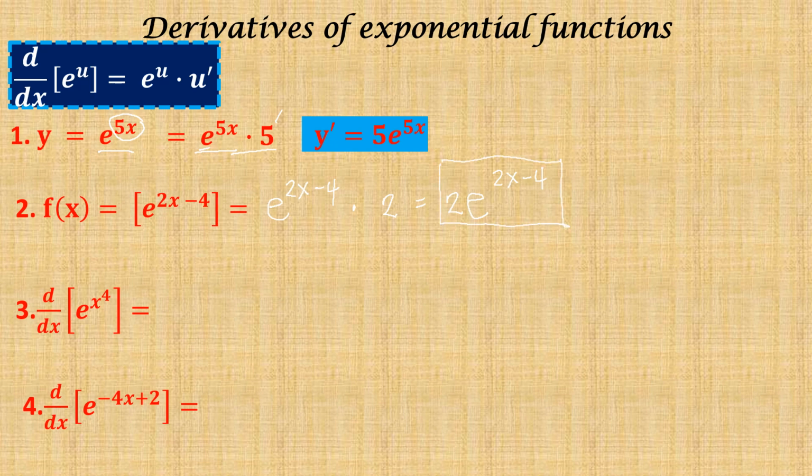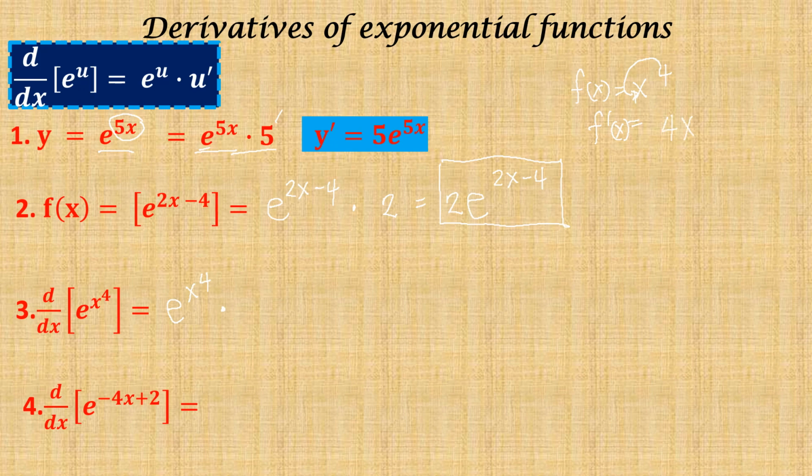Let us have number 3. So e to the power of x to the 4. We just simply copy e to the power of x to the 4 times the derivative of the exponent, since x to the 4 is considered a function. Then what is its derivative? That will be f prime of x. The 4 will be multiplied to an imaginary 1, so there's a 4.